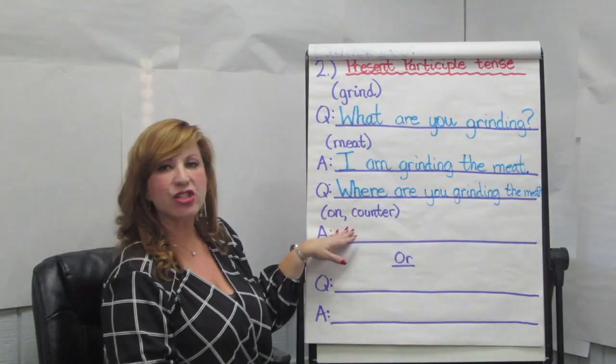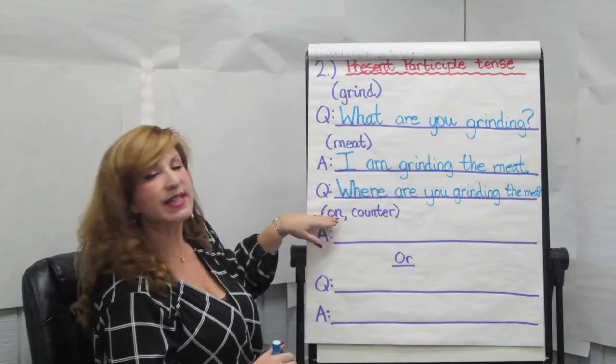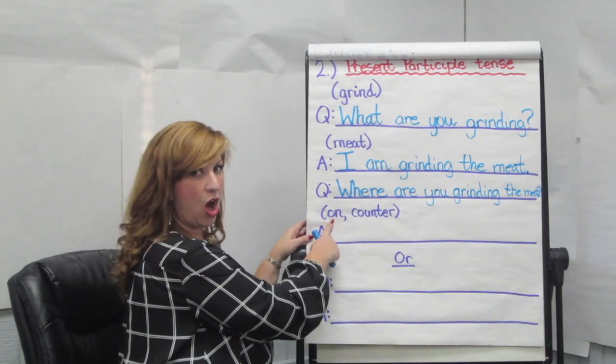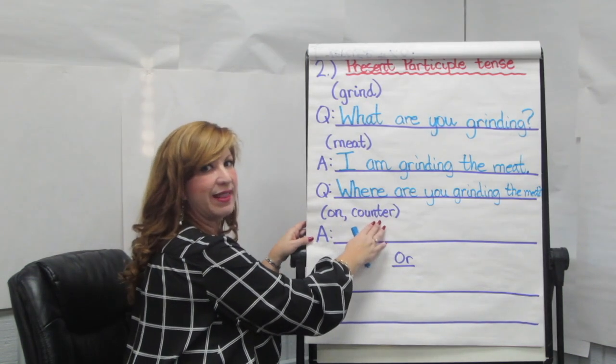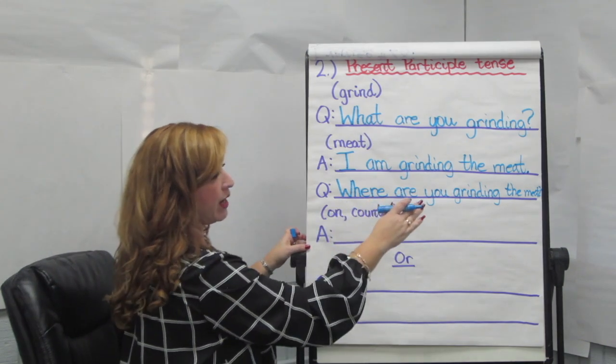So now my answer is going to answer about the location. And in parentheses, we have our preposition on, and our object of the preposition is the counter. So, where are you grinding the meat?